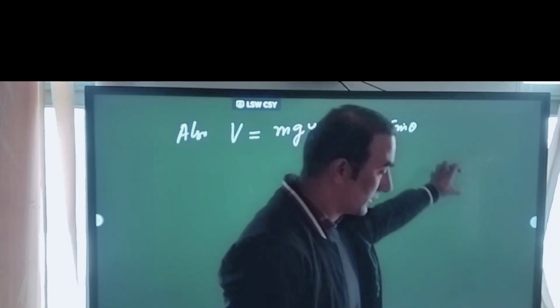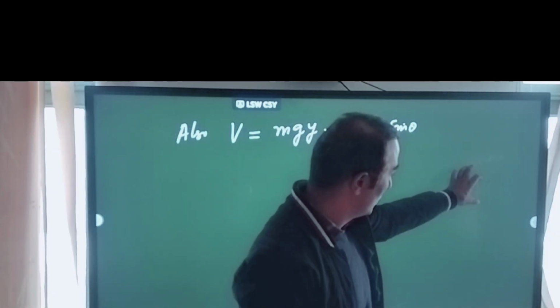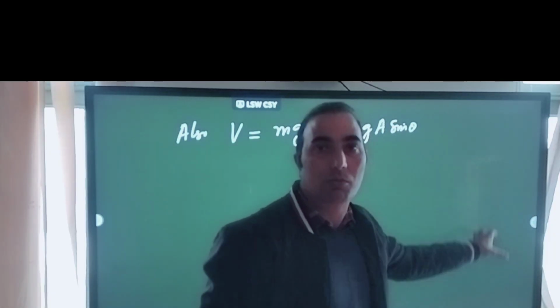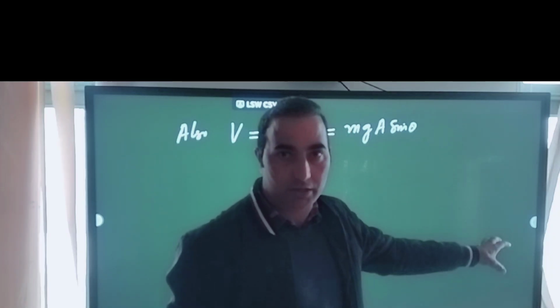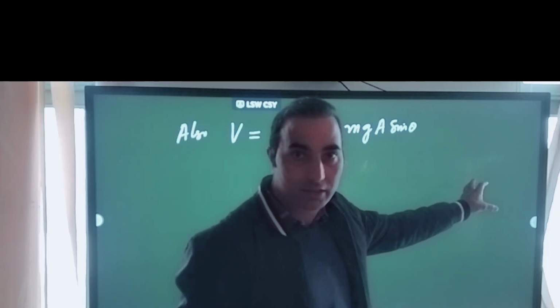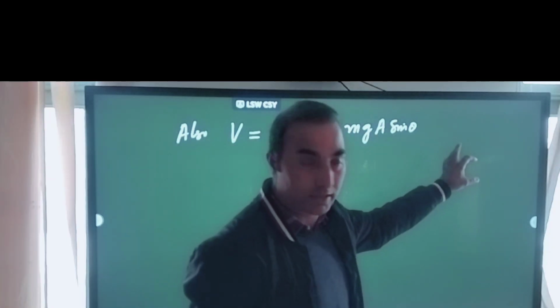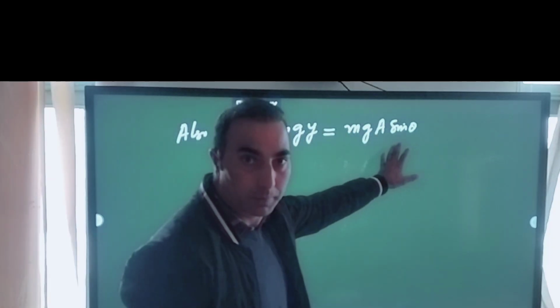The particle is under the gravitational field, so we need to take the vertical component of the coordinate. So the vertical component is y equal to a sin theta. So that means potential energy will be this one, right?